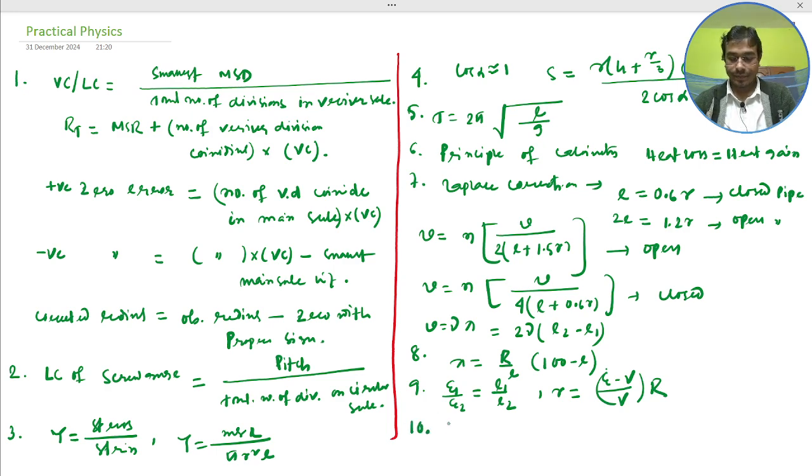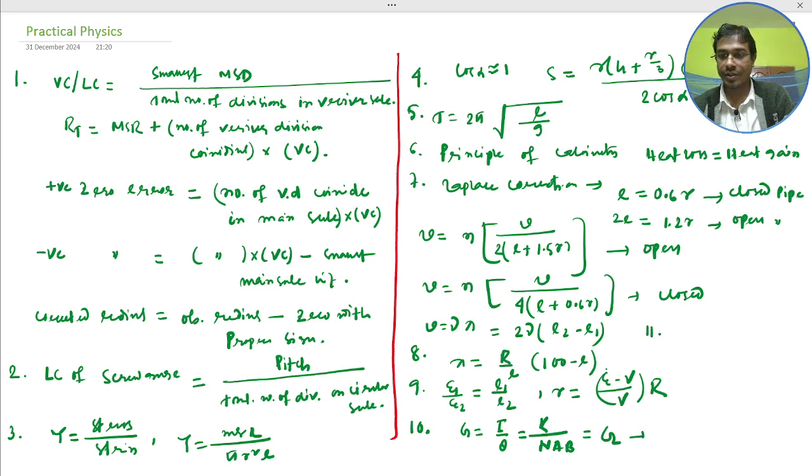Next, figure of merit is defined as the current required to produce unit deflection of the galvanometer, that is, G is equal to I by theta, which is equal to K by NAB, that is equal to Z. This is the galvanometer constant.